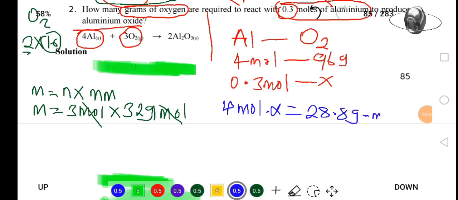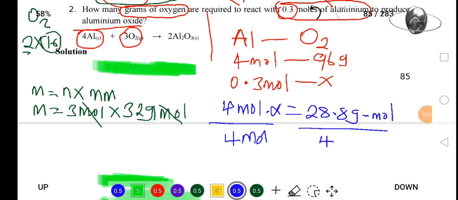So when we say over 4 moles, our X will be the same answer divided by 4.